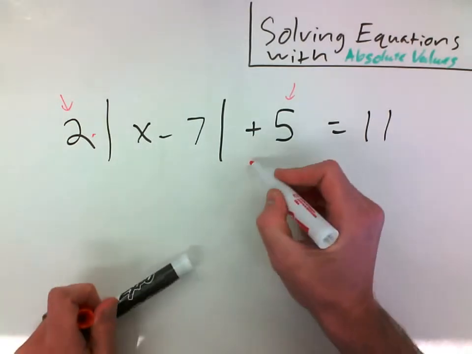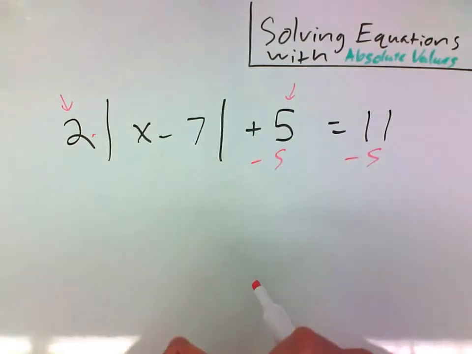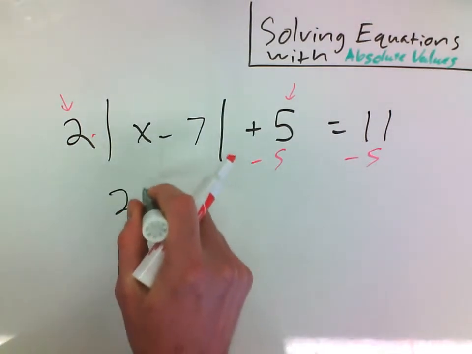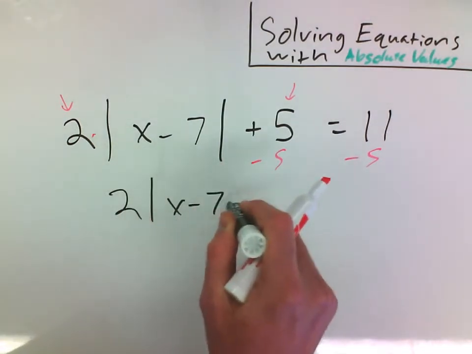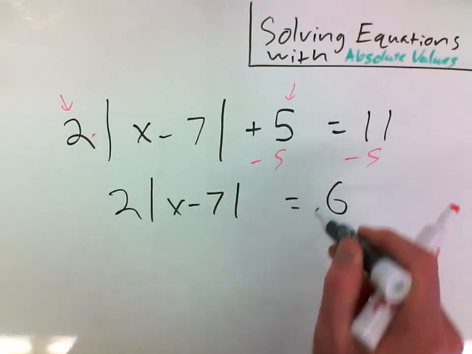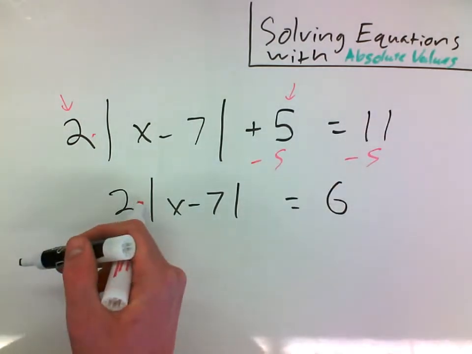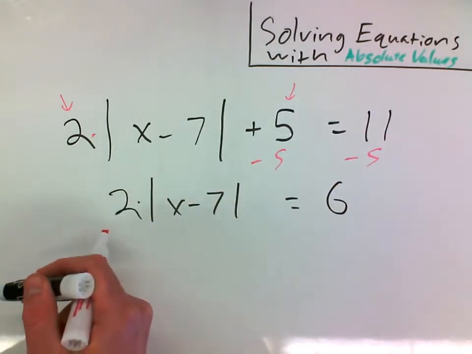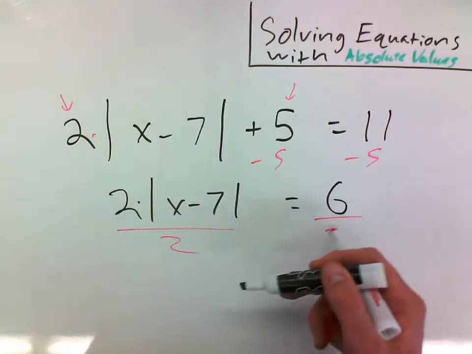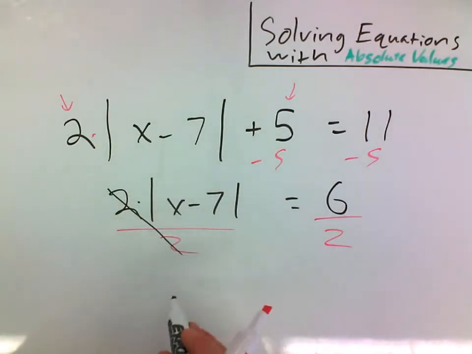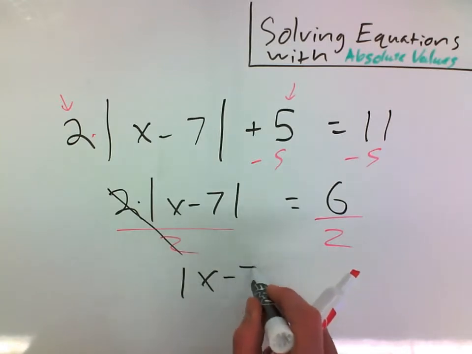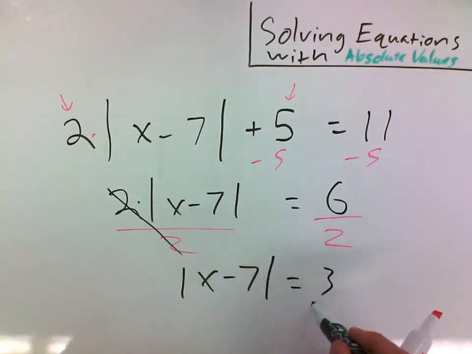I'm going to follow my standard order of operations rules in how I solve equations. Subtract the 5 from each side, and I get 2 times the absolute value of x minus 7 equals 6. So now the 5 is gone. Now I want to get rid of this 2. Remember, that's multiplication, so the way to get rid of it is to divide both sides by 2, and that's going to cancel out. So what I have left is the absolute value of x minus 7 equals 3.